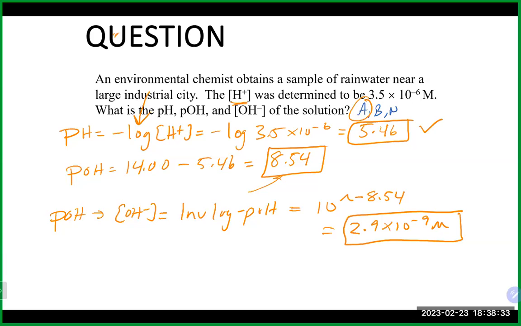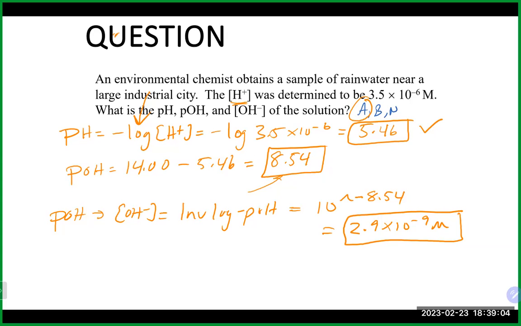From the pH, it actually tells you what you can get from it. pH means you get the H plus concentration, and that's the way you would calculate this by taking the inverse log of the minus pH or negative pH. And the same thing with the POH. The POH tells you you can get the OH minus concentration directly from it, by doing the same calculation. So it's really the reverse of the pH calculation mathematically. That's the inverse log of it. Other questions?